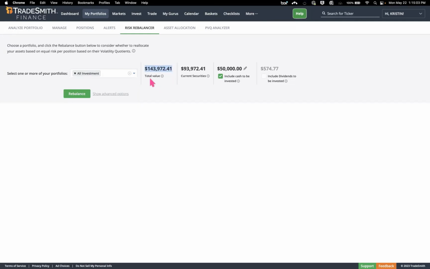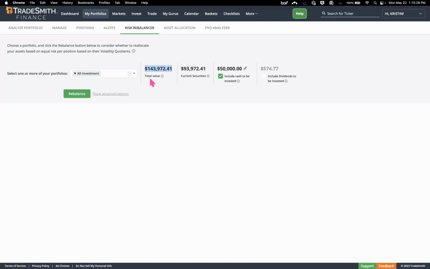So what this is, the total value is the sum of the currently available capital of long equity positions in this portfolio plus any cash and dividends that you wish to allocate to the rebalance positions. The total value is the amount of money that will be rebalanced across the equities in this portfolio.